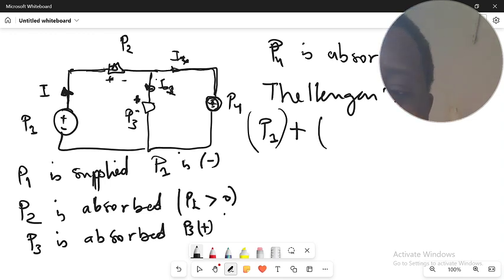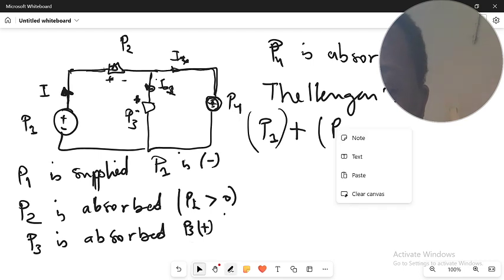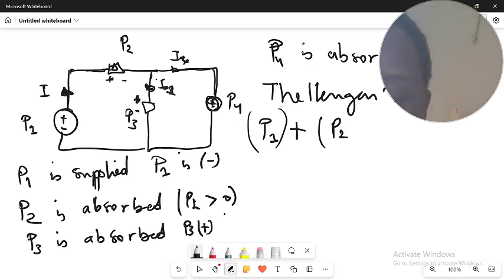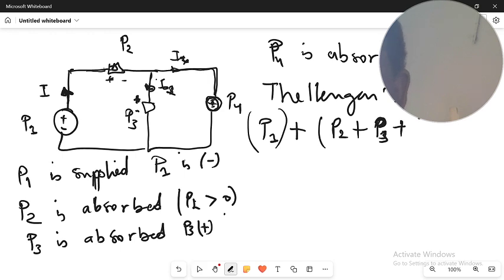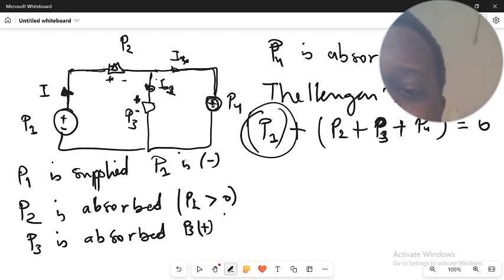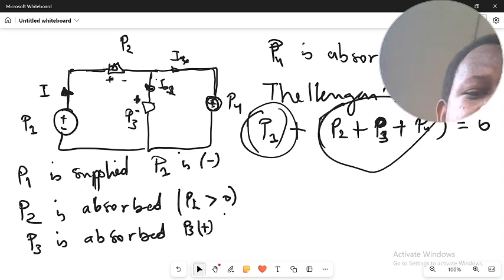For the power absorbed, I have P2 plus P3 plus P4, is going to be equal to 0. That's Tellegen's theorem. The summation of the power supplied plus the summation of the power absorbed is going to be equal to 0. In the next video, we will see some examples of Tellegen's theorem and how to determine the power.